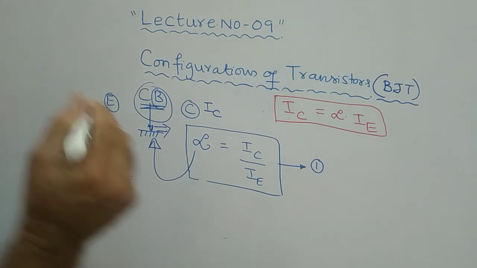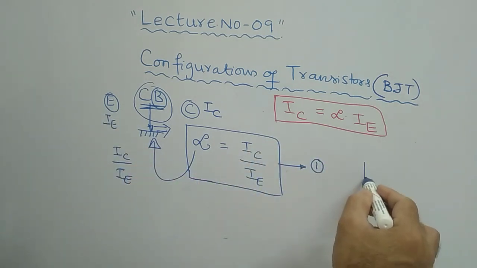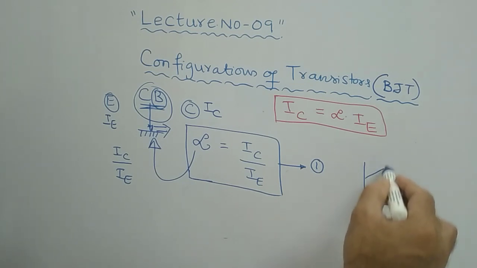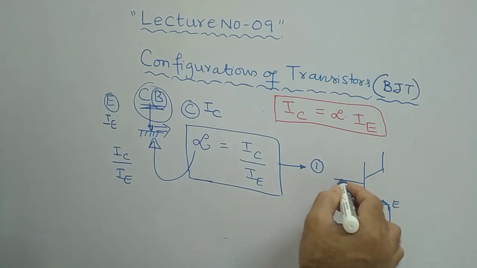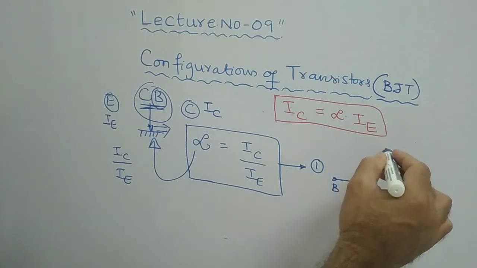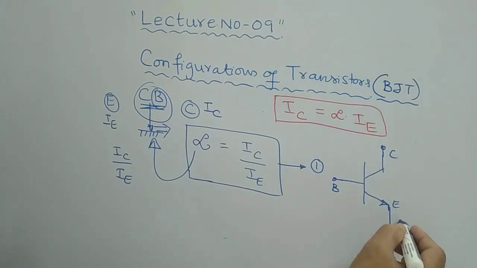Now for any transistor, this is the emitter terminal, this is the base and this is the collector.